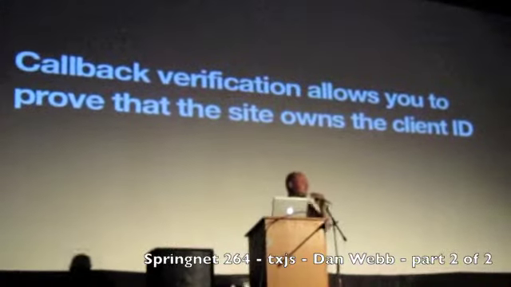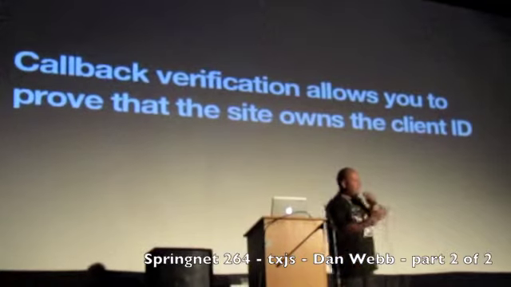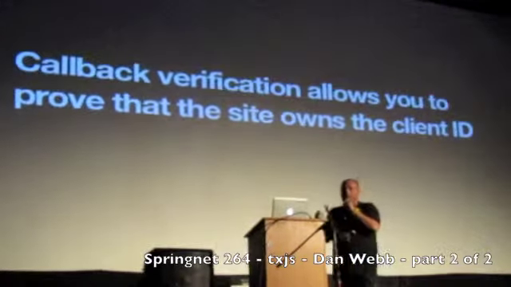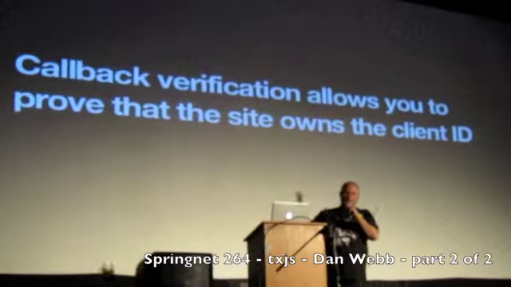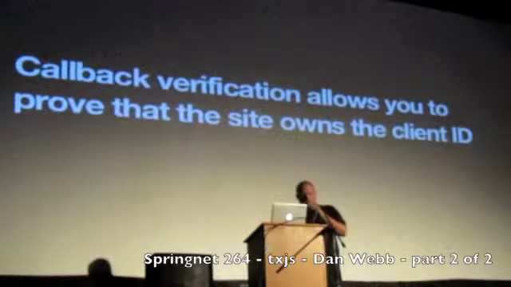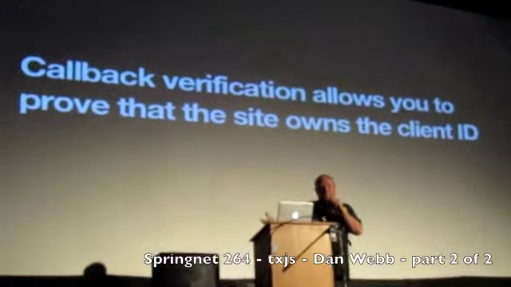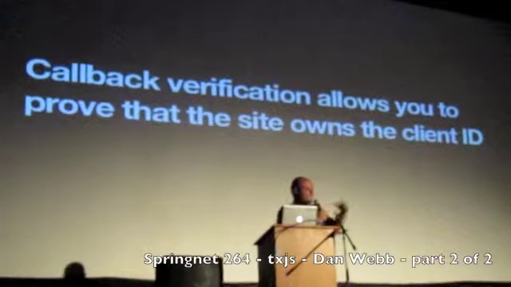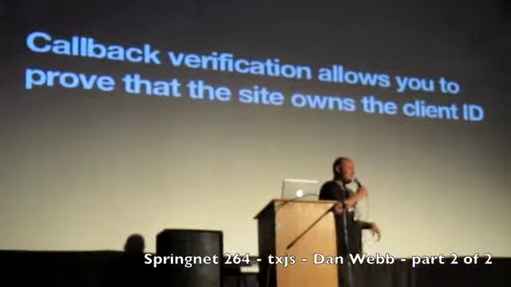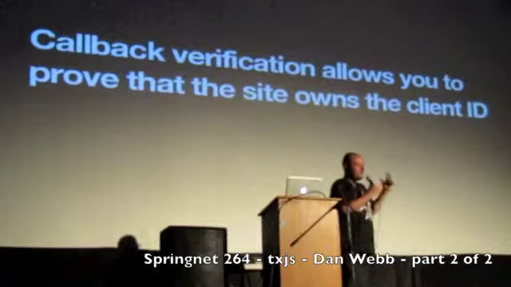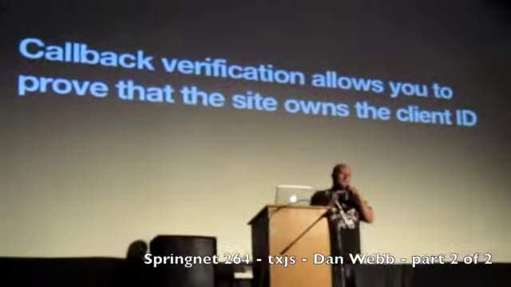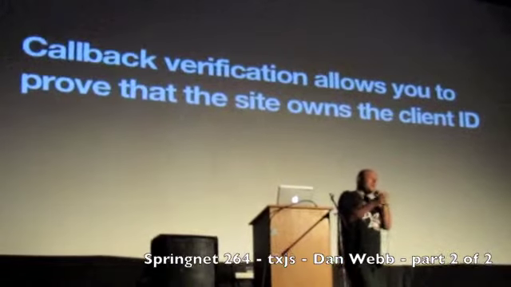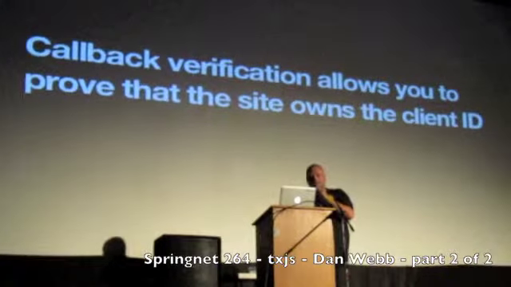And then we can actually verify that the callback which is sent comes from one of those domains. If that's correct, then we can redirect back to their site. Obviously, if you try to put another domain in and you're just stealing another site's client ID, then this mechanism just fails. So this is the means by which we can be sure that the client is who they say they are.